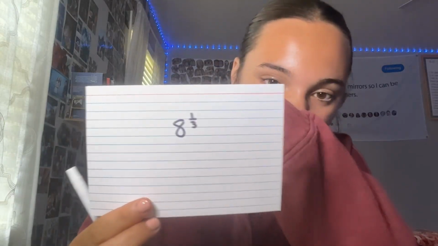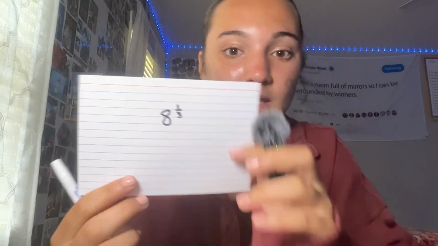All you do is you take this number, the big number, and you find the root of whatever this number is. So in this case, it's the cubed root, and then you add the numerator. So the denominator becomes the root, and then the numerator becomes the new exponent.